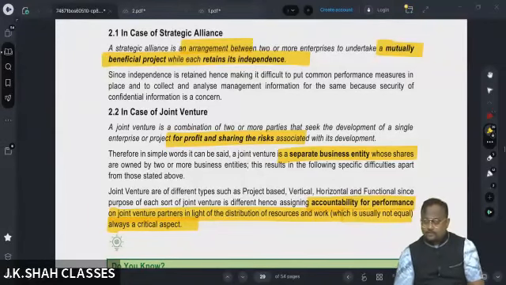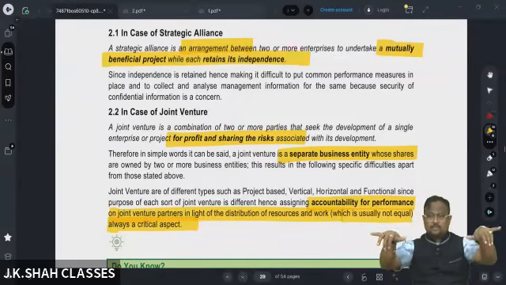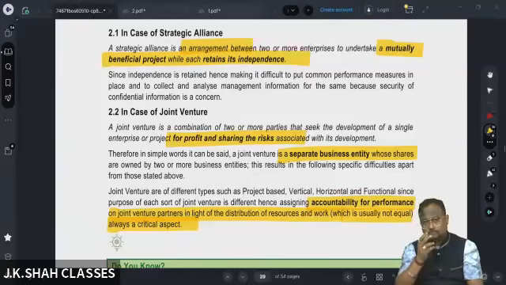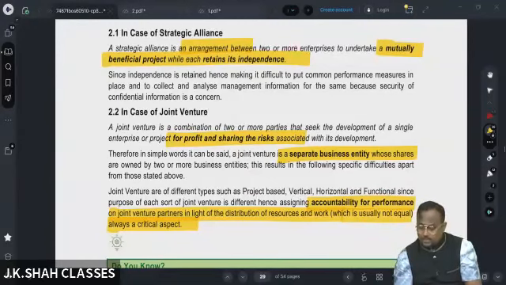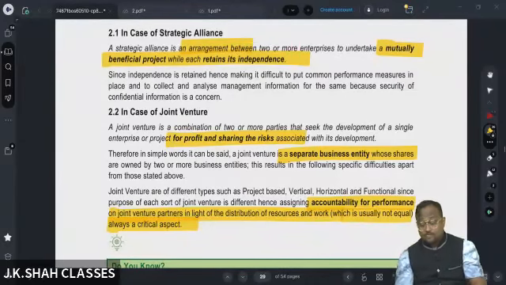Like I'll give you an example. Horizontal means same designation, two people working together. Same designation and two different people working together. Like two builders coming together for one project, they will form a separate entity, that is a joint venture.